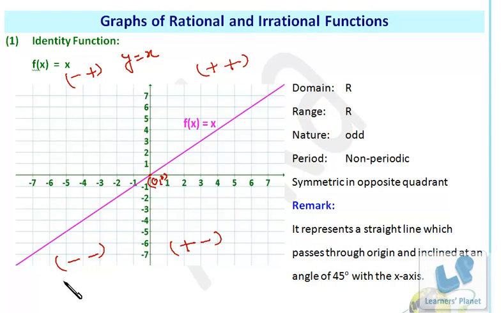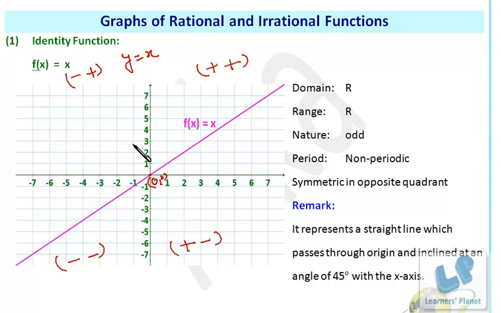Now friends, an important thing to be observed over here is, this is x-axis, on the upper side of x-axis, the values of y are positive, right? You can see over here. And below x-axis, value of y is negative, right? That you can see very well.